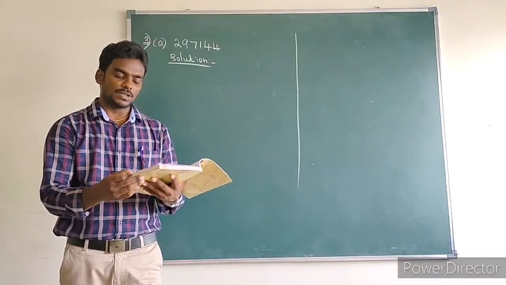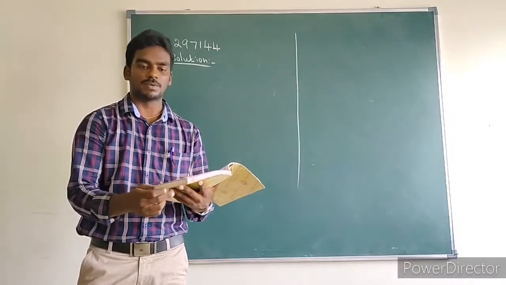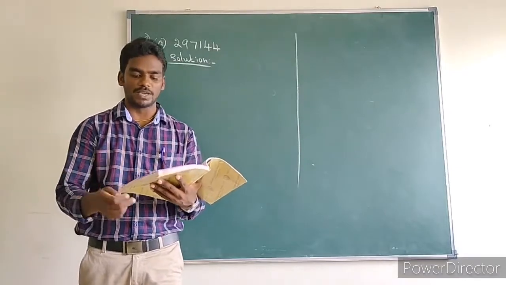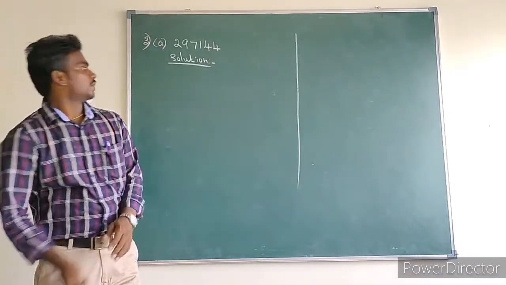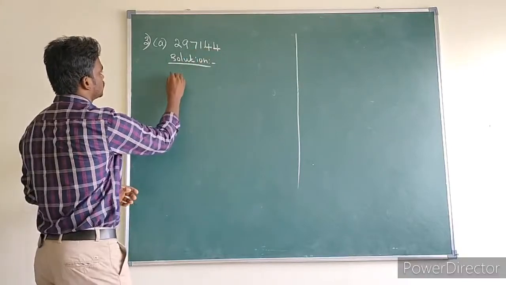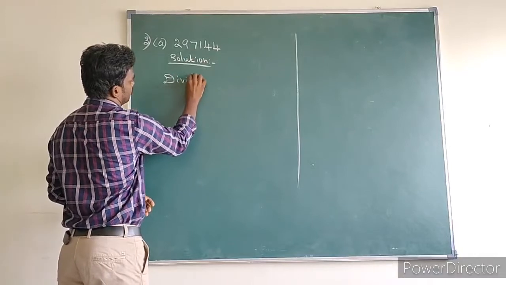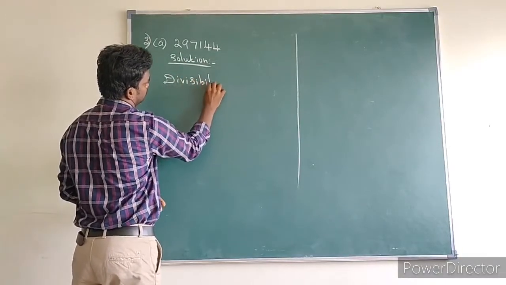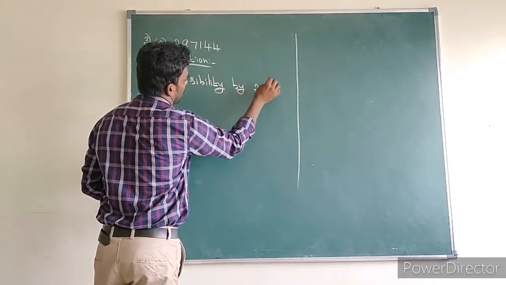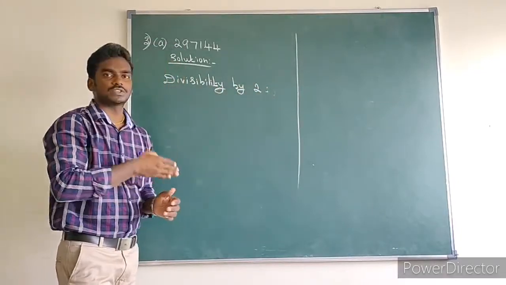See your third pattern. Using divisibility tests, determine which of the following numbers are divisible by 6. First one, 297144. So how to check the divisibility by 6? A number which is divisible by both 2 and 3 is also divisible by 6.